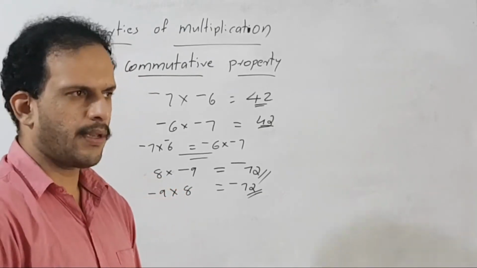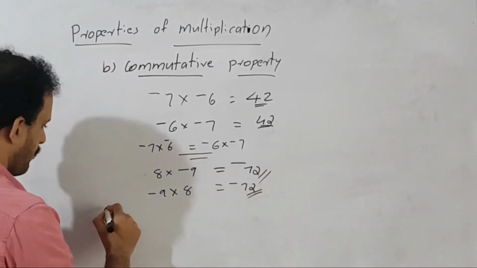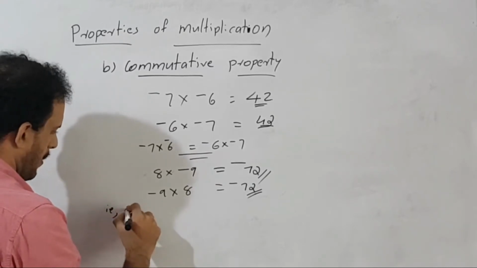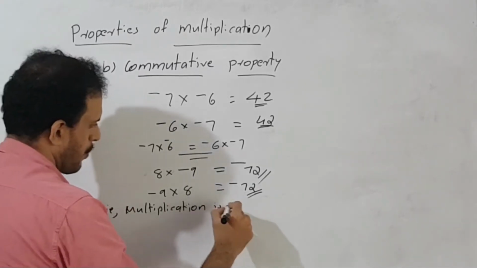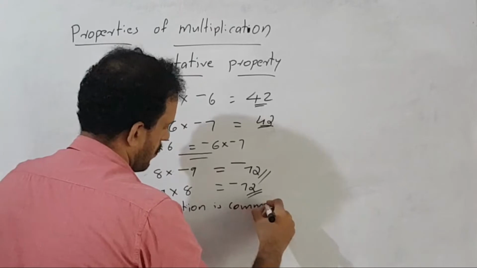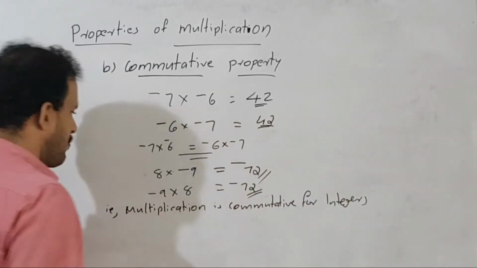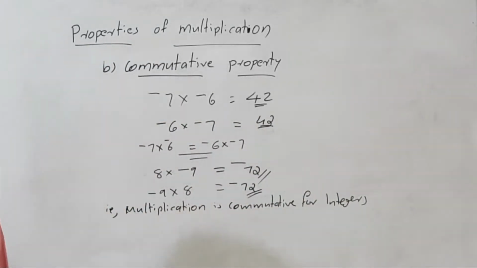Multiplication is commutative, correct? Multiplication is commutative for integers. How do we generalize the idea?